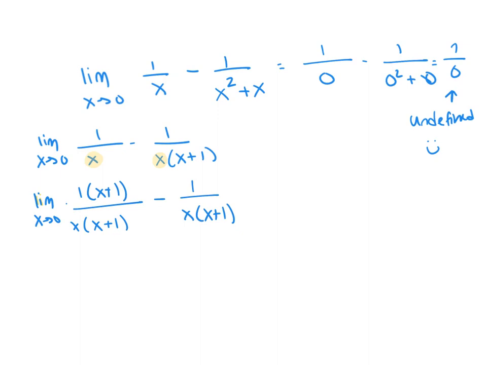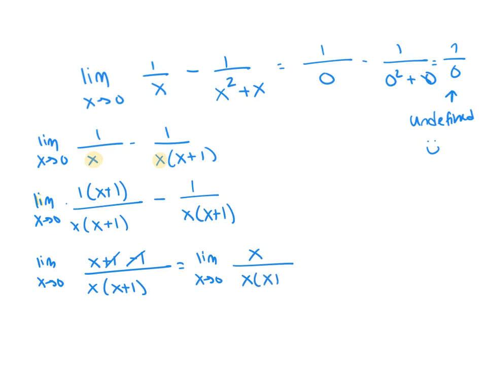Now that I have a common denominator, I can combine my numerators. So it'll be the limit as x goes to 0 of x plus 1 minus 1 over x times x plus 1. Now my minus 1 and my plus 1 will cancel. So I get the limit as x goes to 0 of x over x times x plus 1. And look at what happens now.